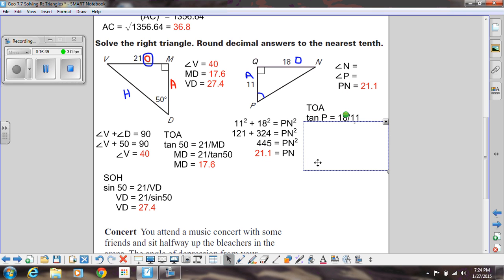So I'm going to say tangent of P is equal to 18 over 11. And remember, I have to do inverse tangent if I'm trying to find that angle. So inverse tangent of 18 divided by 11, and that gives me 58.6.